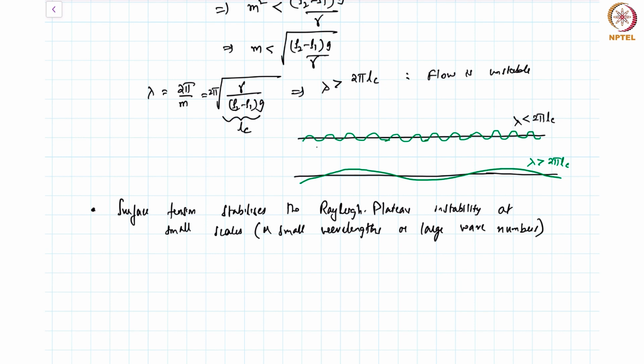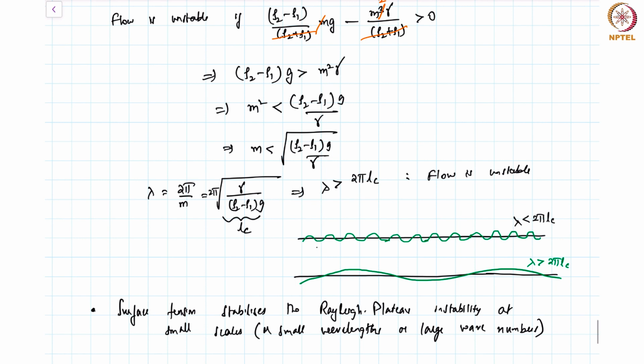So if you create a very tiny fluctuation on the surface, of very small wavelength, then the system is stable, and what you expect is that it's oscillatory, because you've created an undulation. These waves just keep oscillating forever. But of course, in a realistic system, these oscillations cannot persist forever. What we have is a viscous damping that occurs.